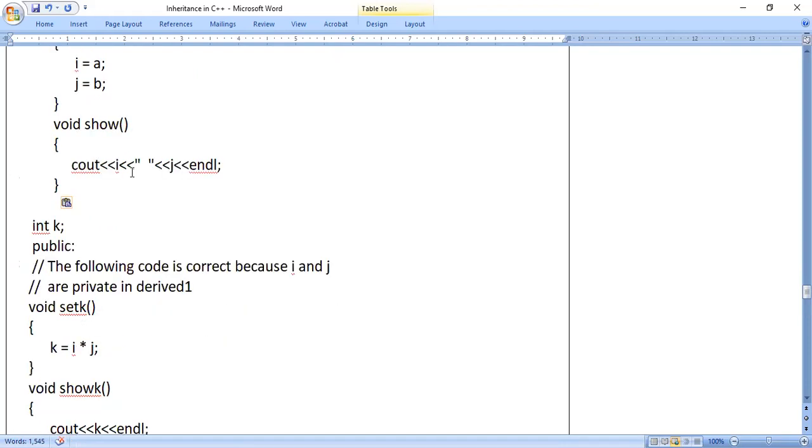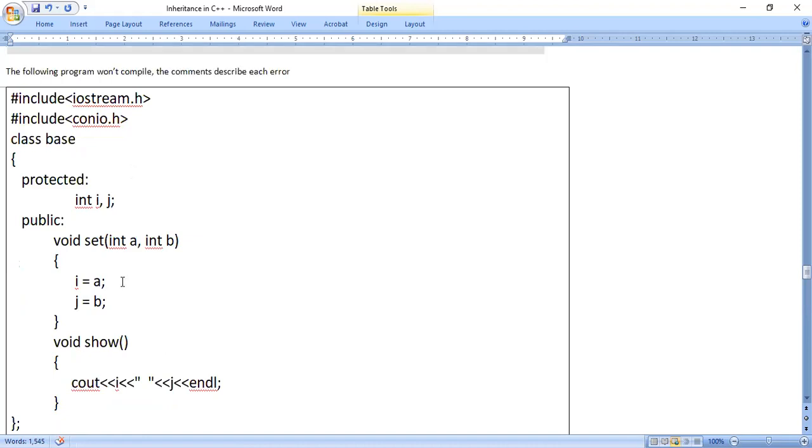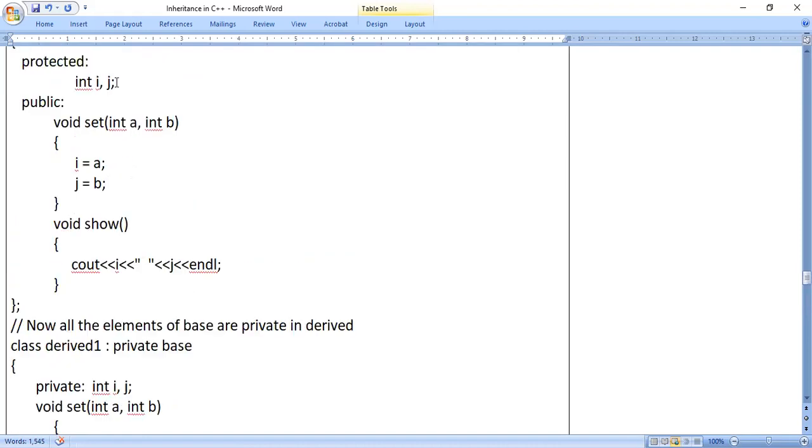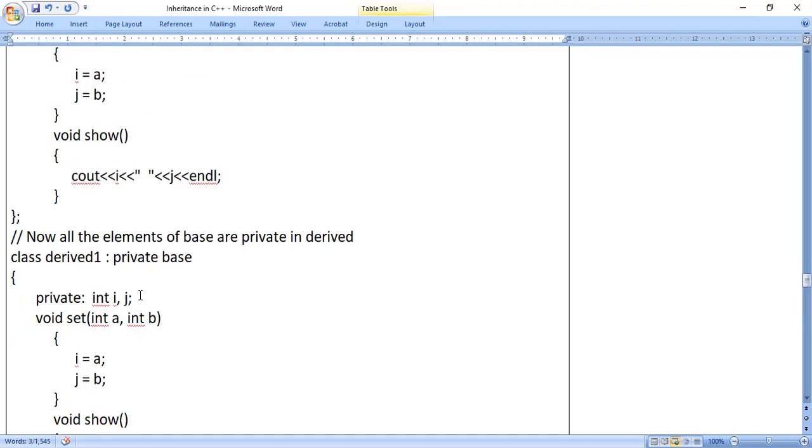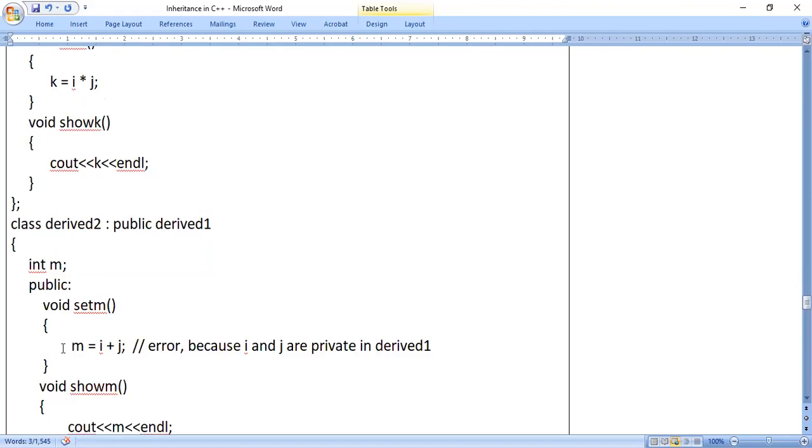When I and J came from base to derived 1, the status changed. In class A, the base class, I and J were protected. But in derived 1, it changed to the private section. Further, if you try to inherit, you will get an error.